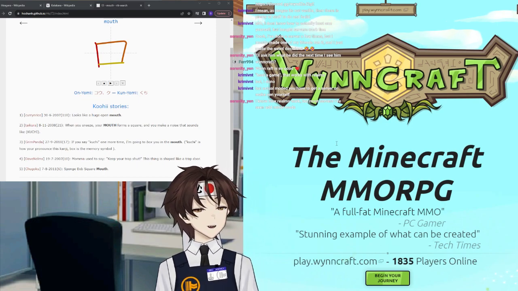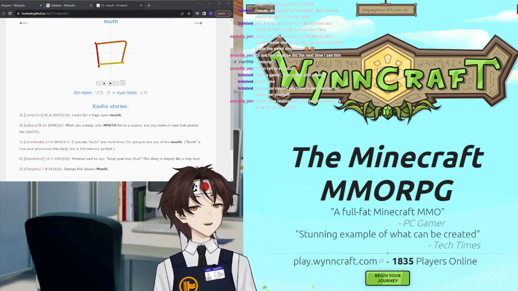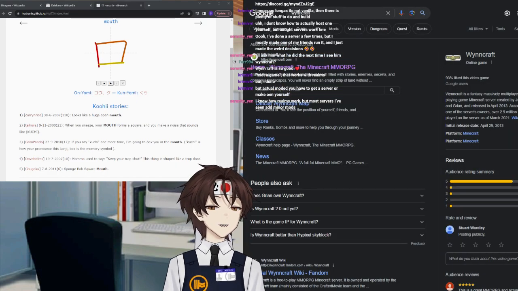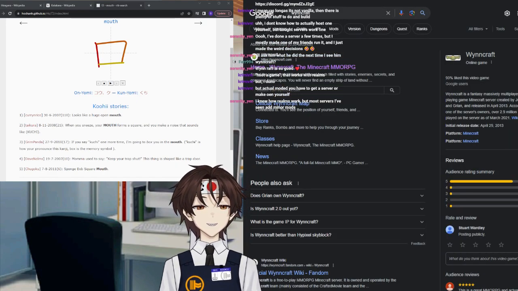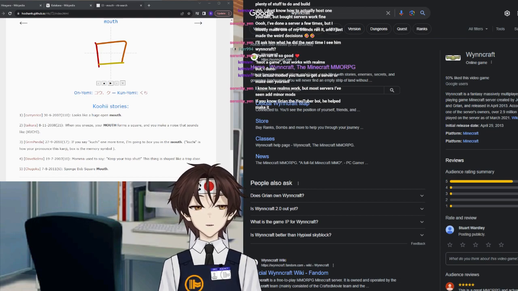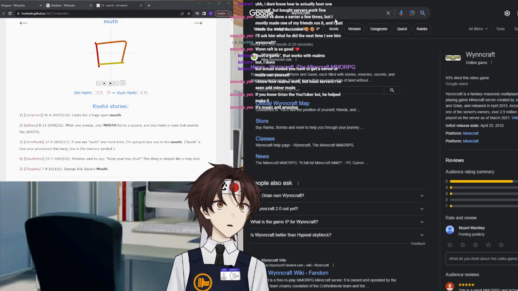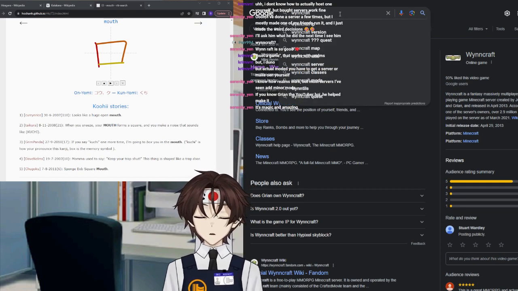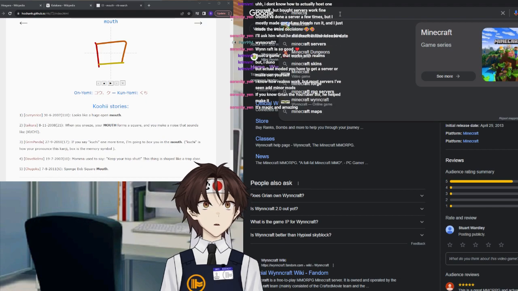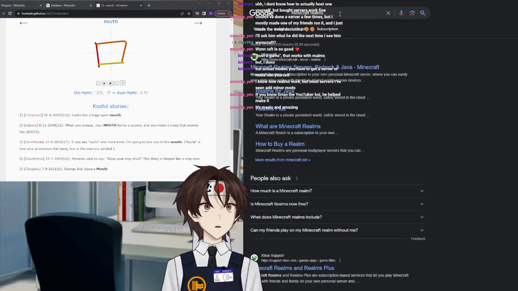Okay, maybe, yeah, no, this wasn't it. But holy, this is another MMO. That works with realms. Or I don't even know what this realm concept is all about. Minecraft Realms.